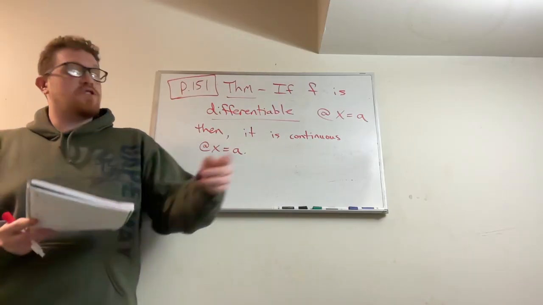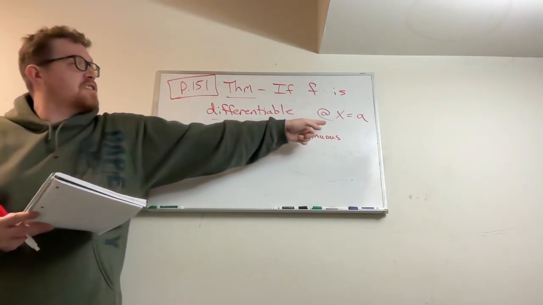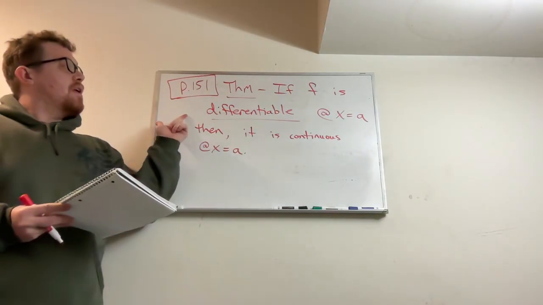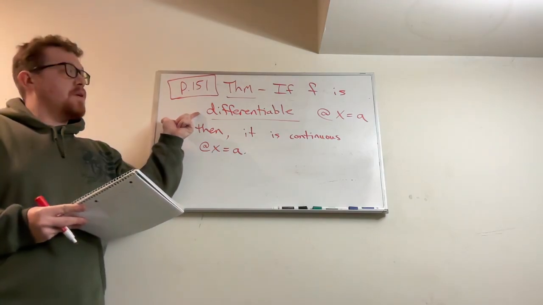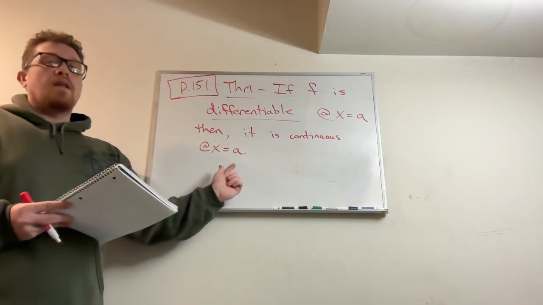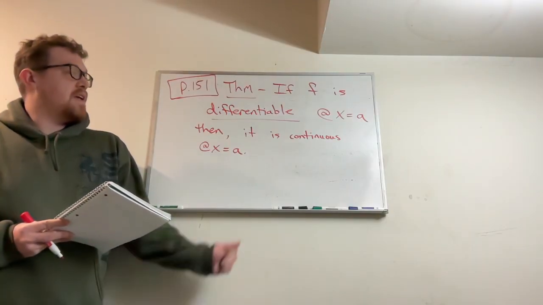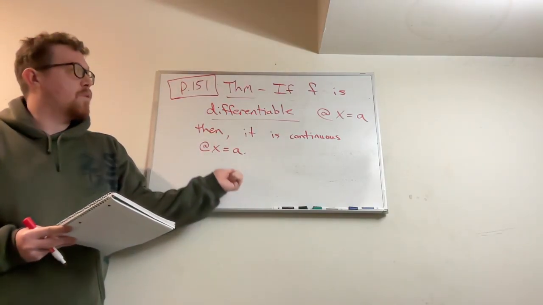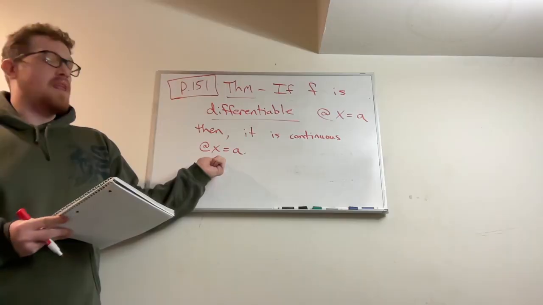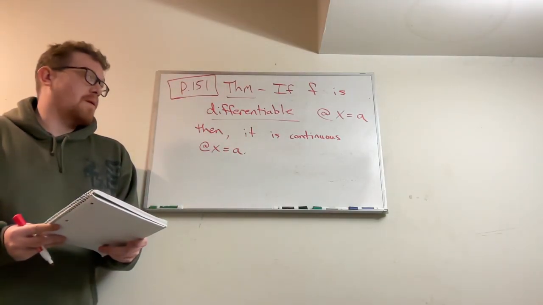So here we're assuming that a particular limit exists at x equals a, which is the definition of differentiable, and we're trying to prove the second statement, which is that the limit as x approaches a is equal to f of a. So we're assuming some limit is true, and then we're trying to prove some other limit is true from it.